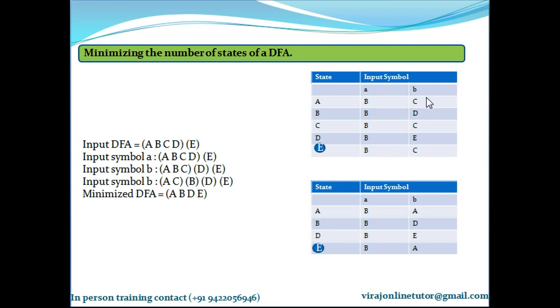Capital A on small b goes to C, which is again in the same group. So no changes. Now go to the next state B. B on small a goes to B, which is in the same group. B on small b goes to D, which is again in the same group. So for all input symbol transitions for B, those are also going to the same group. So the group doesn't get divided.